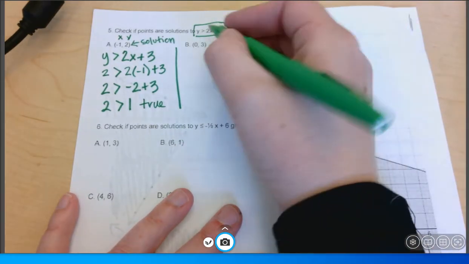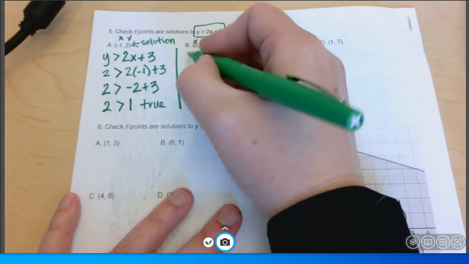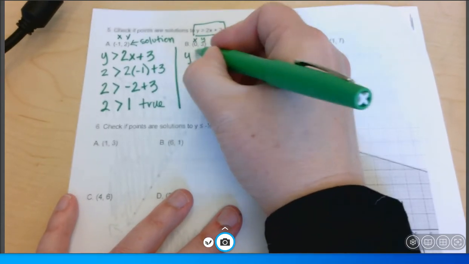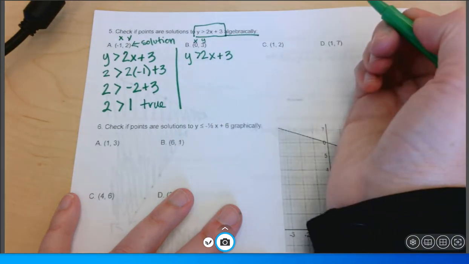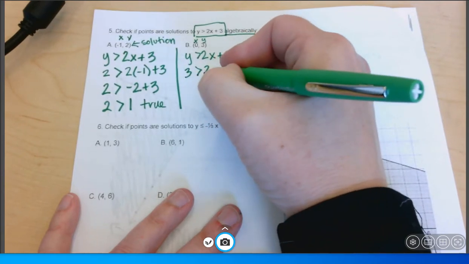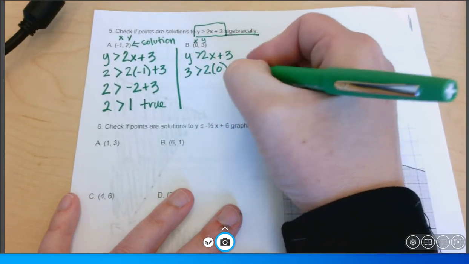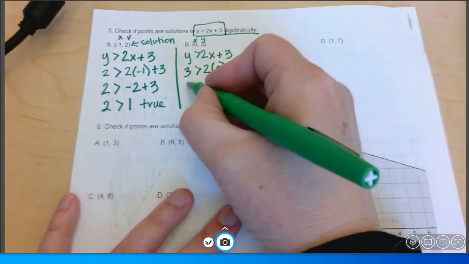So the next one, this is for my x, and this is for my y. 0 for x, 3 for y. I'm starting by writing the original inequality. And then substituting 3 for the y and 0 for the x. 2 times 0 is 0.